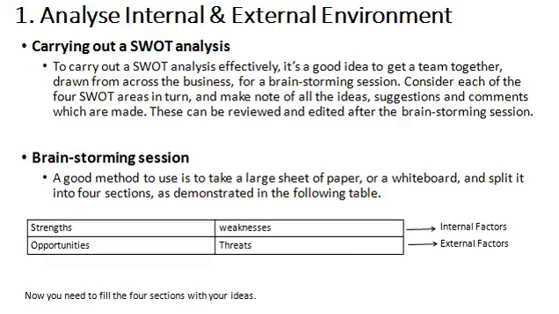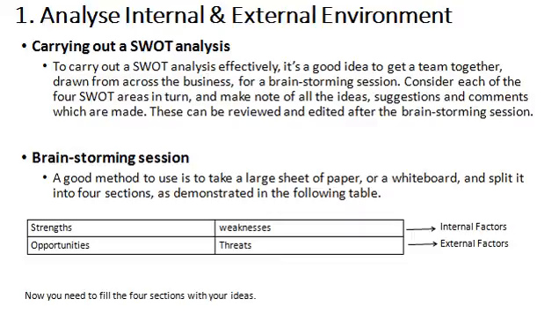Next, to carry out a SWOT analysis effectively, it's a good idea to get a team together, drawn from across the business, for a brainstorming session. Consider each of the four SWOT areas in turn and make note of all the ideas, suggestions, recommendations, and comments which are made.